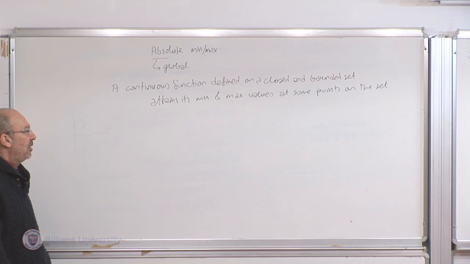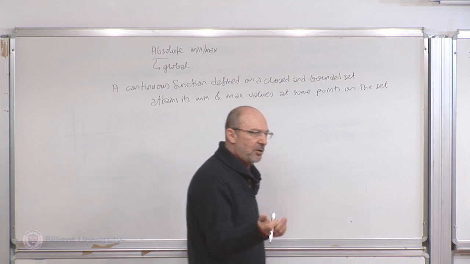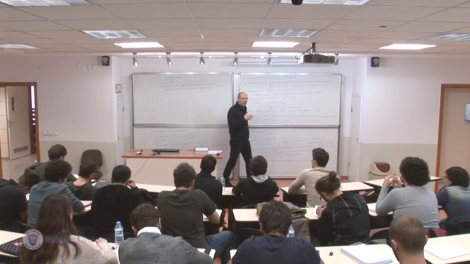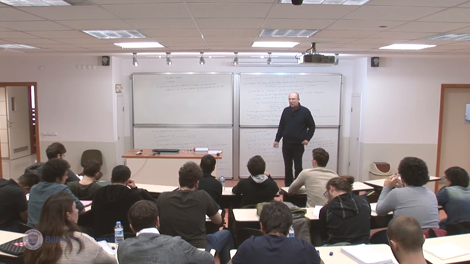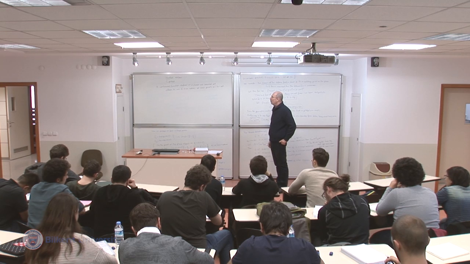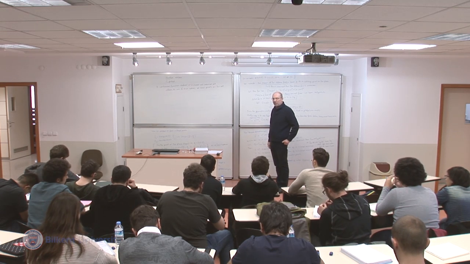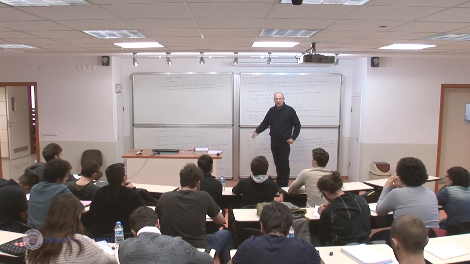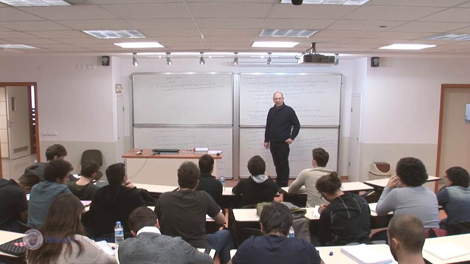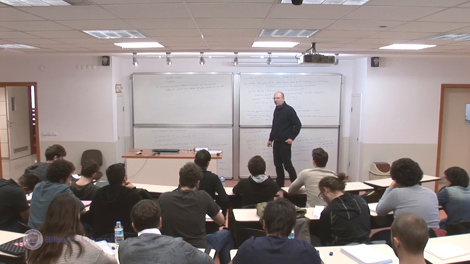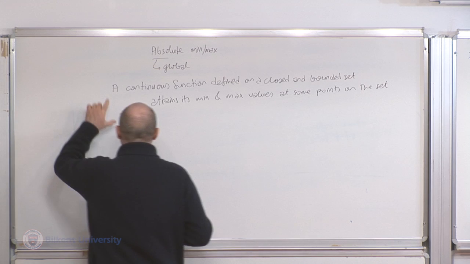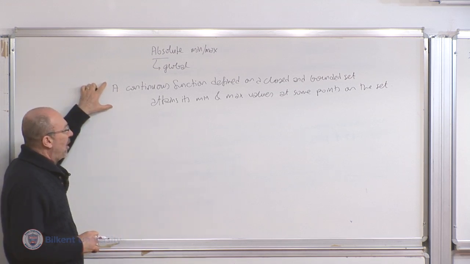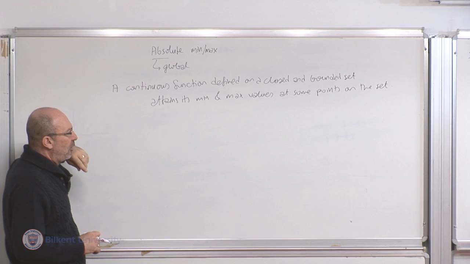If the function is given by formulas, the chances are that the derivative fails to exist only on some subsets, but most of the time the function has derivatives, so the techniques of calculus can be applied. In our case, we will look at functions of two variables which are C2: the derivatives exist, the second derivatives exist, and even the second derivatives are continuous. We will see how to apply this idea with the techniques we learned so far.